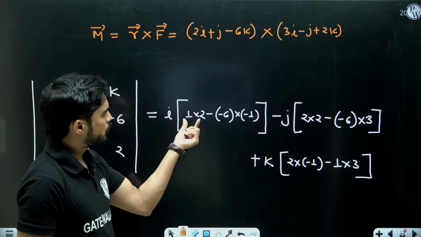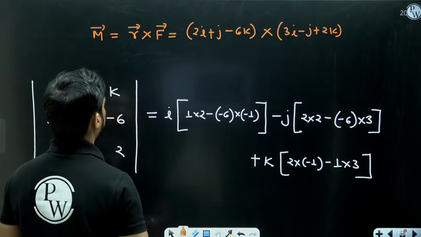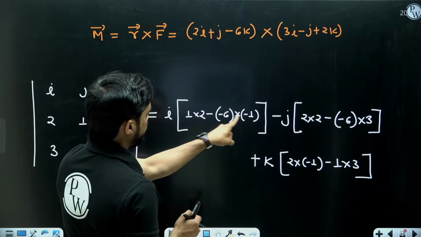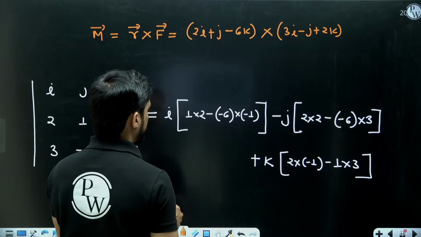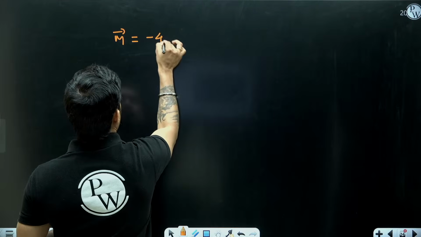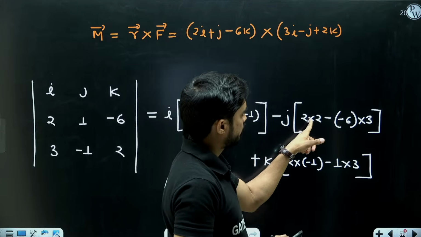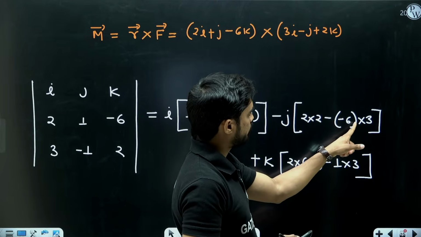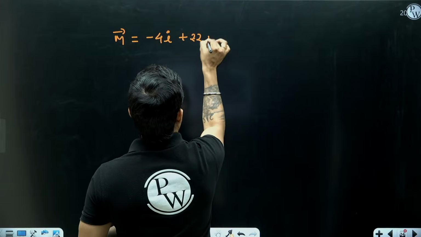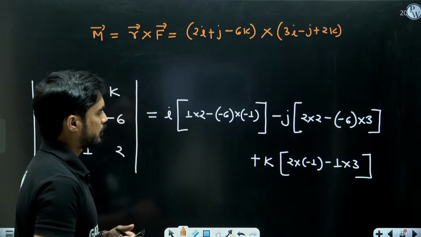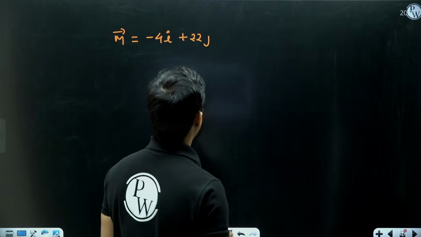It will be 2 minus 6, so minus 4i, right? Then 4 plus 18, 22j. Then minus 2 minus 3, minus 5k.